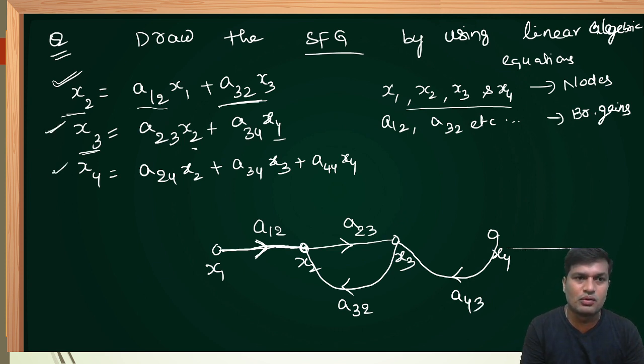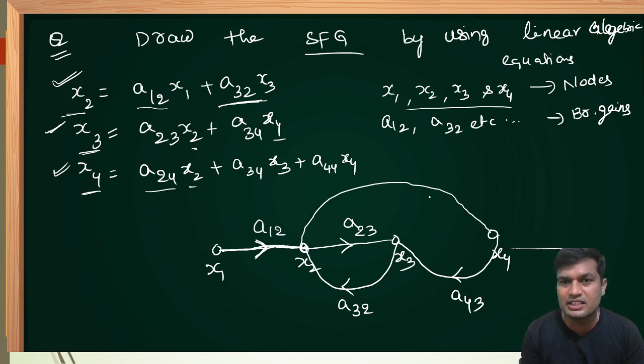Now let's move to the third linear algebraic equation. To x4 from x2, what is the branch gain? A24. That means from x2 to x4 directly without touching x3. From x3 to x4, what is the branch gain? A34.